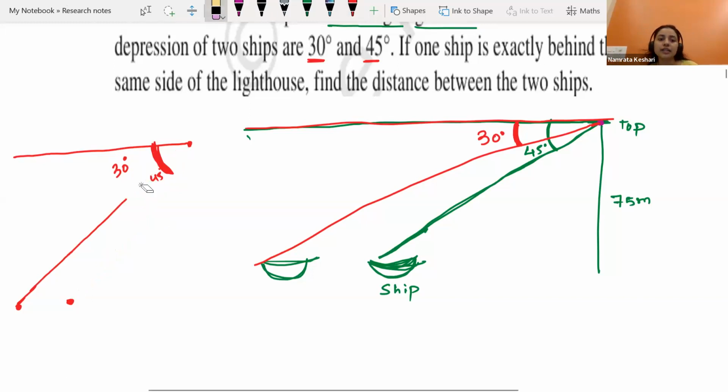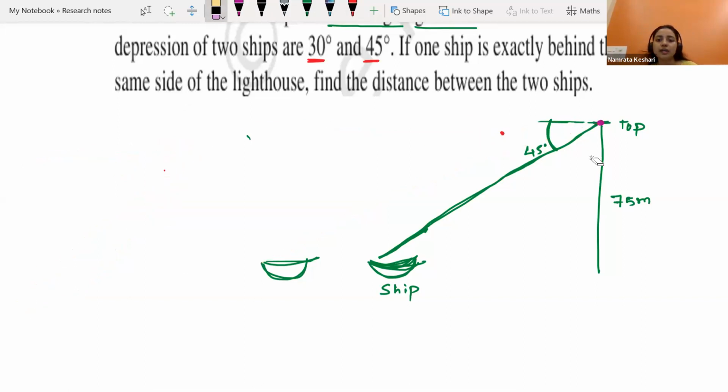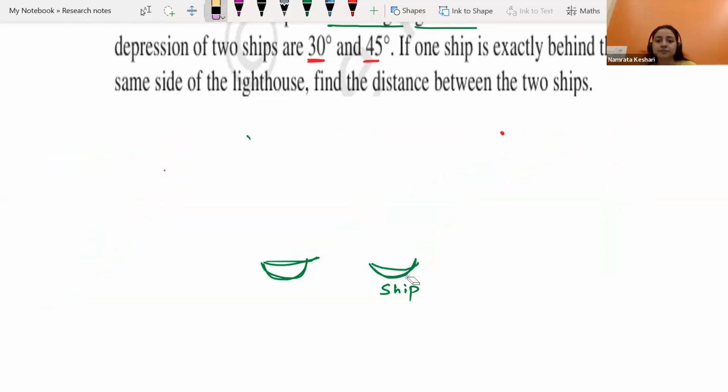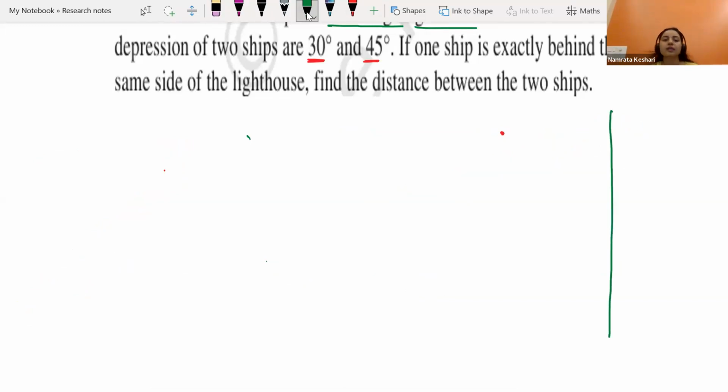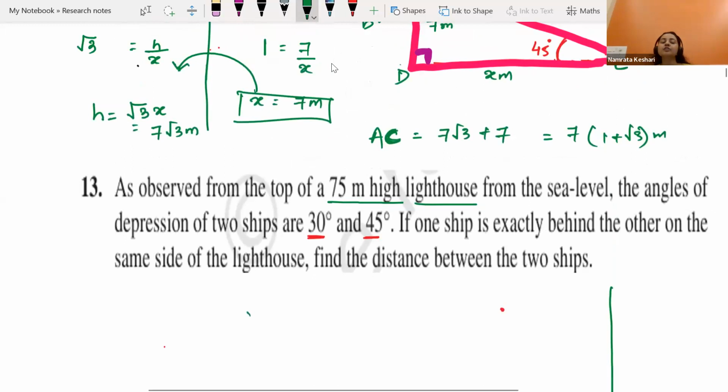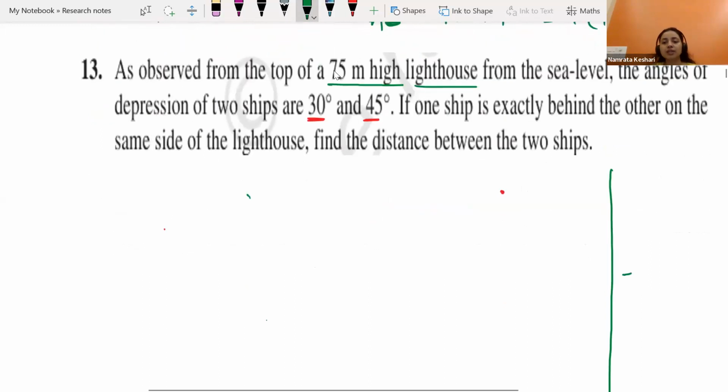So let's do it from the very beginning, what we did over here. Basically here we have a lighthouse. Let's read the question. As observed from the top of a 75-meter high lighthouse, 75-meter high lighthouse is there.